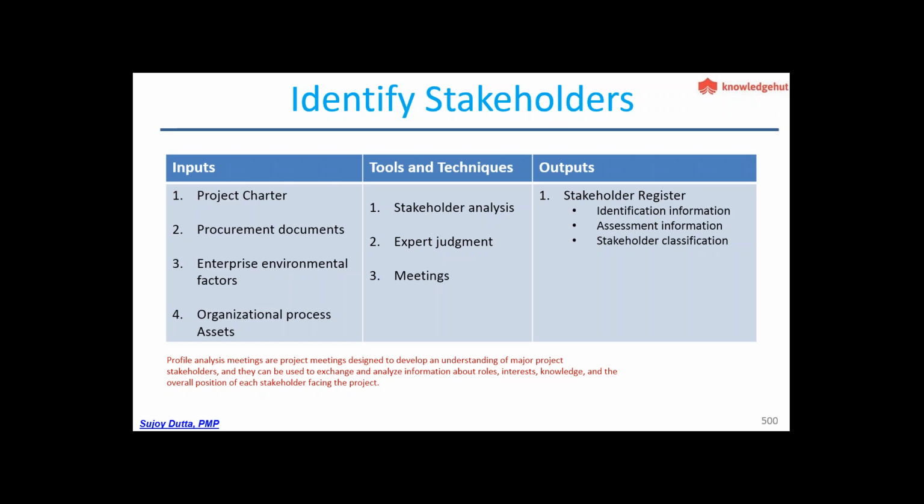We also take procurement documents, enterprise environmental factors, and organizational processes. The charter also has the names of the client-side people who are initially signing the purchase order or the work order, so that you can contact these people and start identifying the further stakeholders and build up a stakeholder list from the client side.